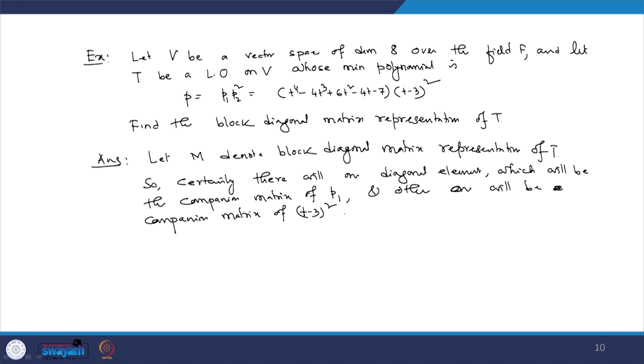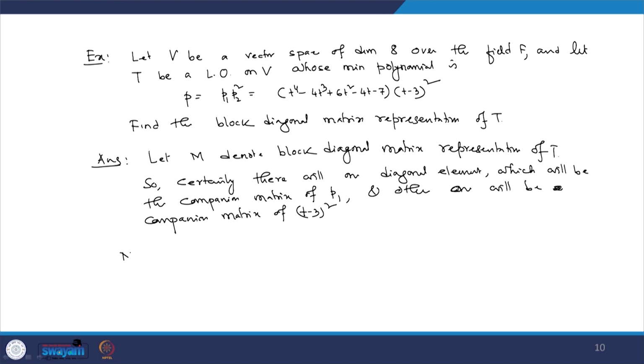So, if I consider the companion matrix of (t minus 3) whole square, then if I consider 2, then 2 plus 2 is equal to 4, plus 4. So, this is one possibility. The other one will be at least (t minus 3) whole square. So, the possible block diagonal matrix will be like this.